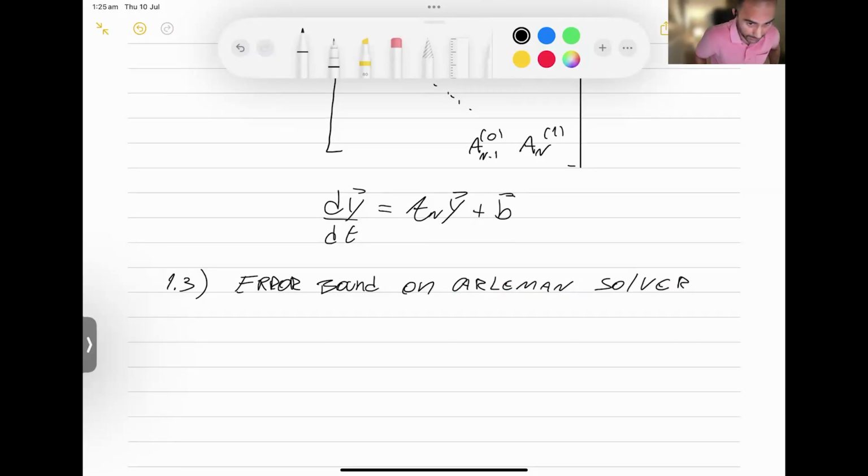So here I'm just going to give a hint of how these things work, because these derivations are quite complicated. But what you do to analyze this, you define a new vector for each component j, right? And this vector that you're going to define is just, you consider the following difference.